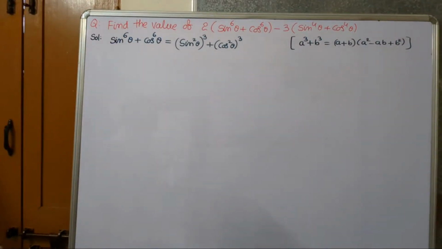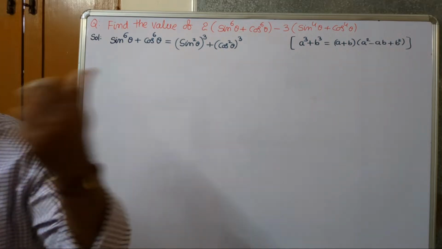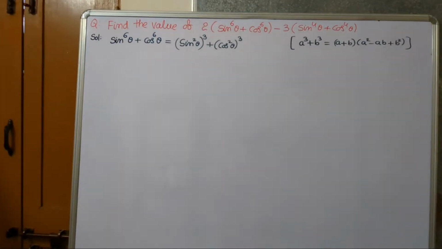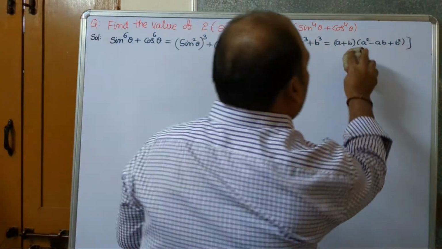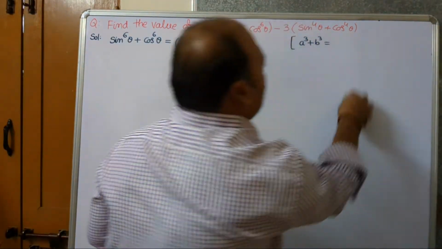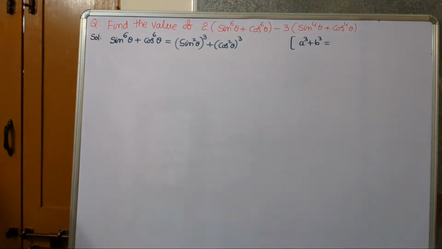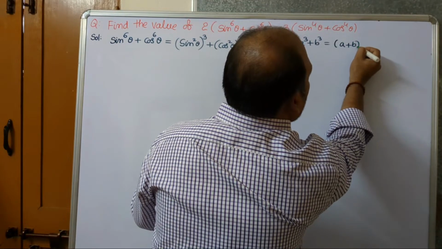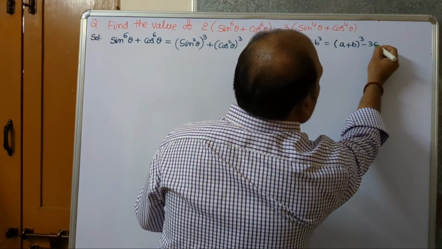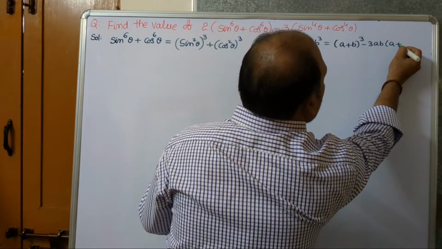Otherwise, a plus b whole cube minus, that also we can write. For this question we can write that way only, that is the easy way to write. So now a cube plus b cube is a plus b whole cube minus 3ab into a plus b.